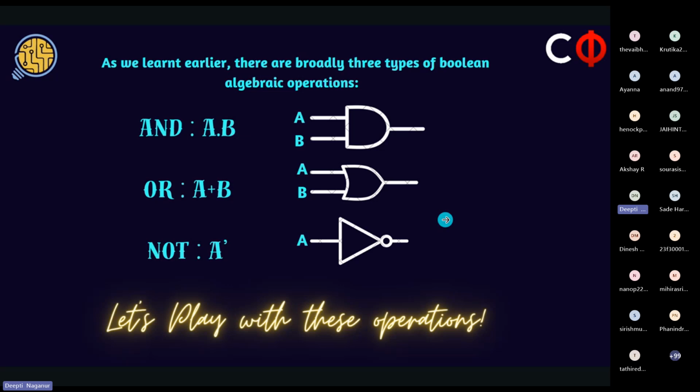Okay, now we will play with these operations. We're going to take some variables, add or multiply, or take a prime of them, prime as in take a not version of them, and we will see what we can learn from that. But before doing that, we will go through some operations which you should know.